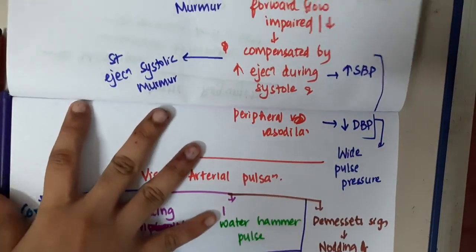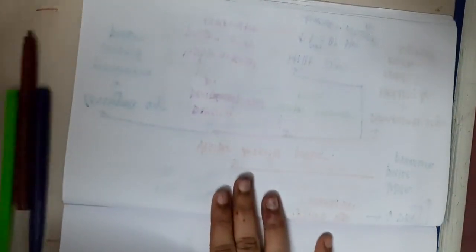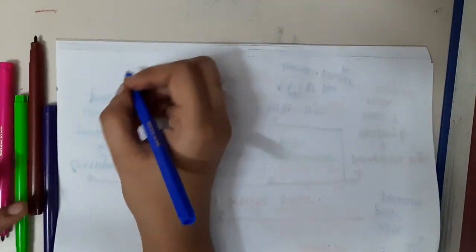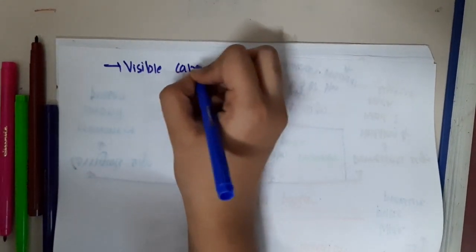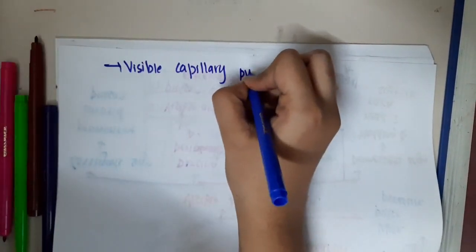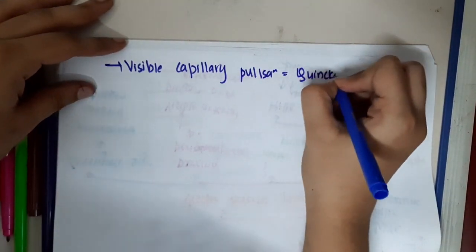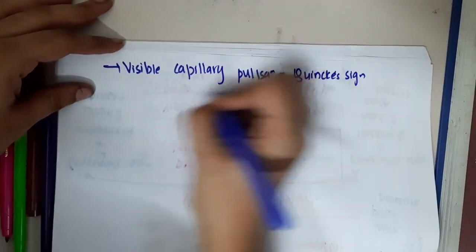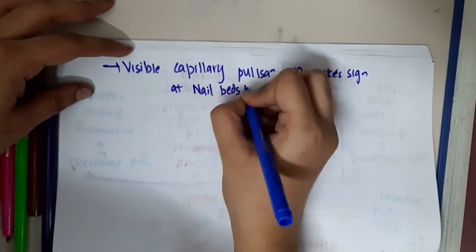Now we have some more important signs due to wide pulse pressure, which I will write here. One, we have visible capillary pulsations, which are called Quincke's sign. It is seen at the nail beds or lips.